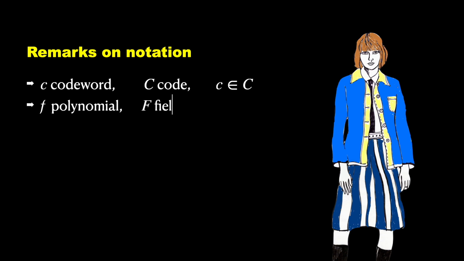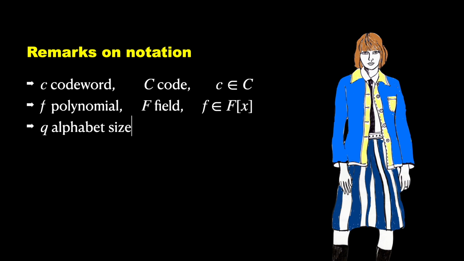We use little f for polynomials and capital F for fields. These two f's look quite different when they're written down, so no confusion should arise when you read the slides. But verbally saying things like f belongs to F of x sounds a little awkward. So, I hope it's clear from context which of the f's is a polynomial and which represents a field.